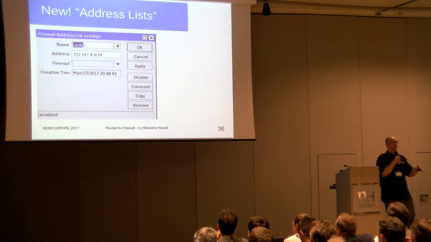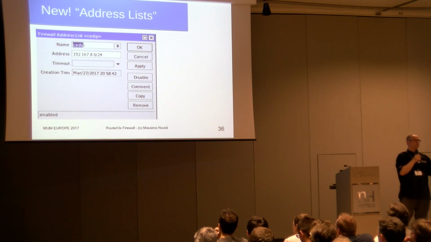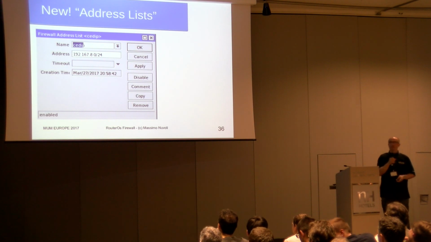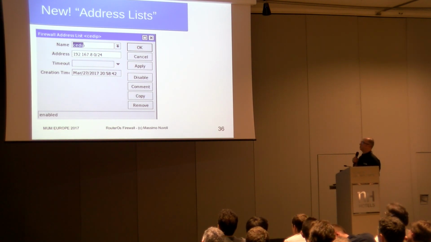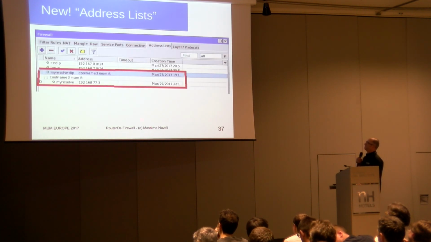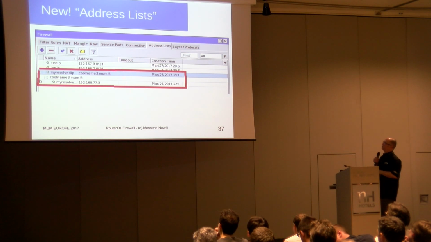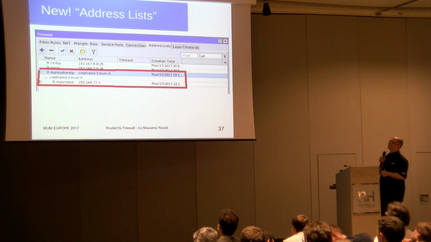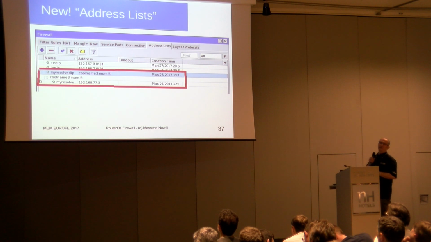You can define an address and tell RouterOS to delete it after some time. This is useful for firewall filters to detect brute force attacks, I think. This is DNS name resolution. You see this is the name, and then there is a dynamically added address with the resolved IP.